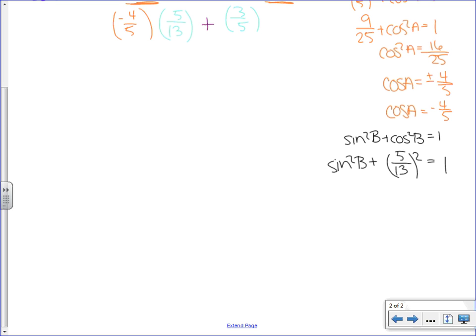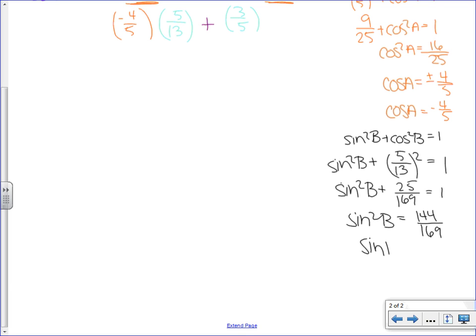When you work that out, you're going to get that sine squared B plus, and then this is going to be 25/169 is equal to 1. So I get sine squared B is equal to 144/169.